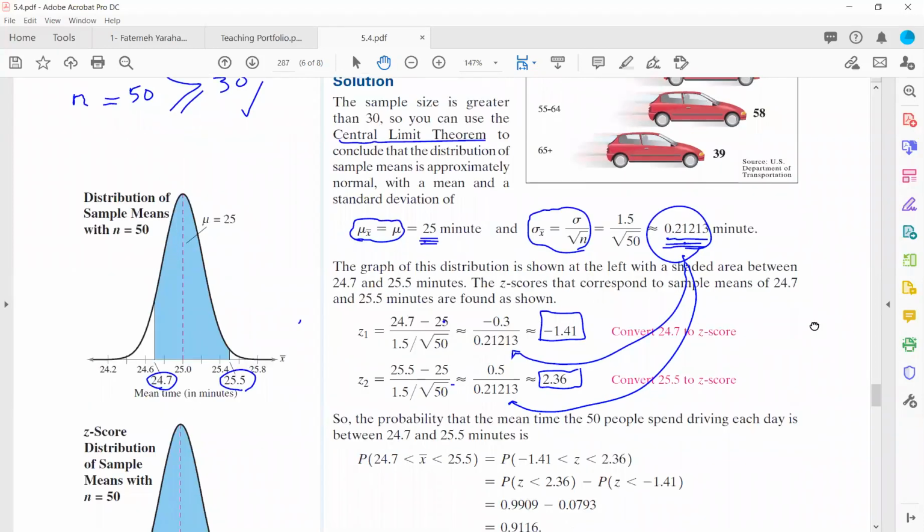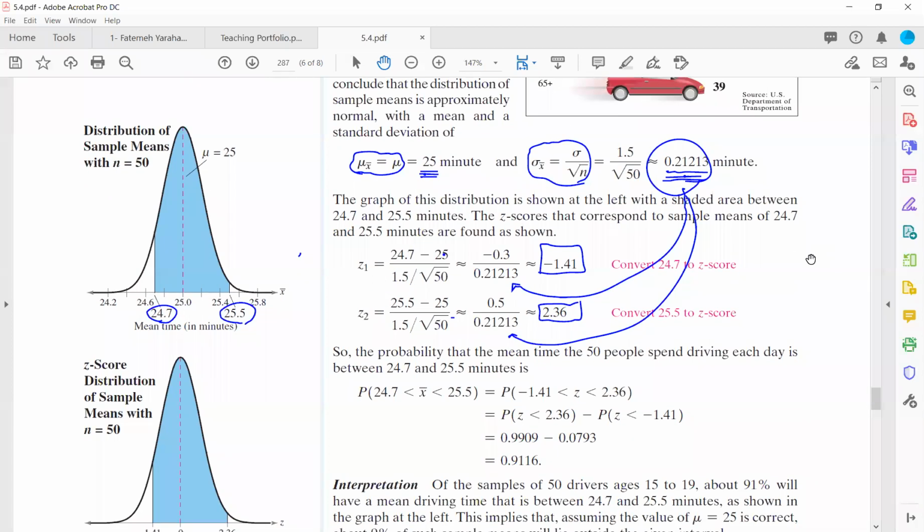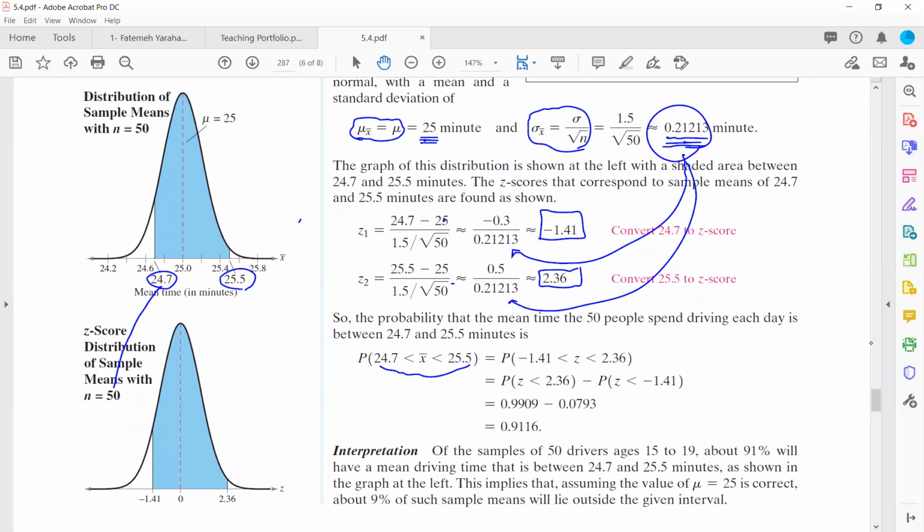Now that we have our z values, we're allowed to use our calculator or z table. The probability that the mean is between 24.7 and 25.5 is equivalent to finding the probability that z is between negative 1.41 and 2.36. So we converted x values into z values.